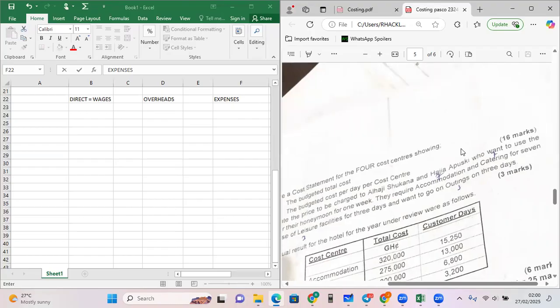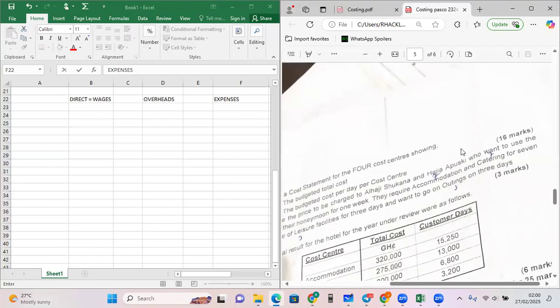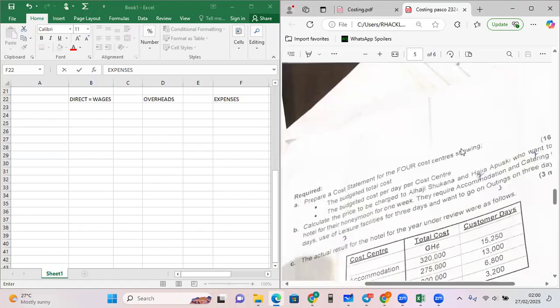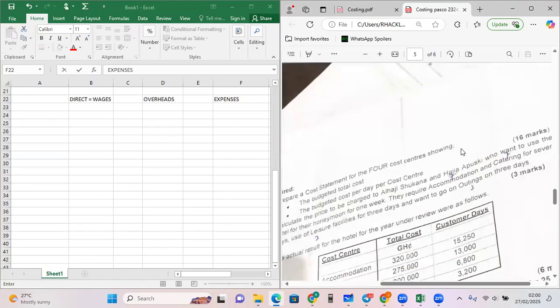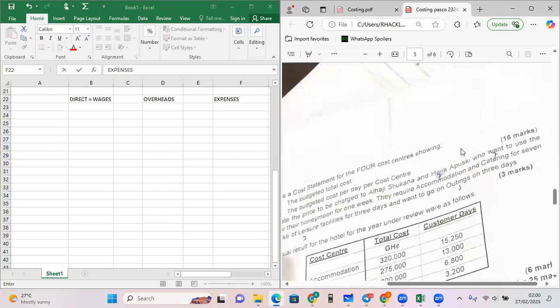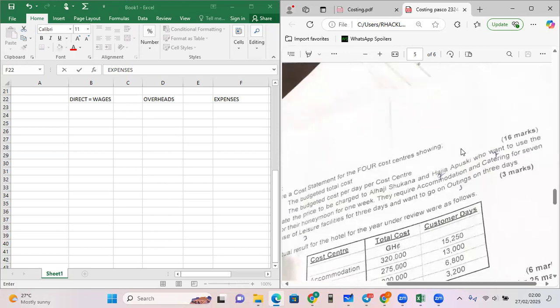They require accommodation and catering for 7 days, use of leisure facilities for 3 days, and want to go on outing on 3 days.